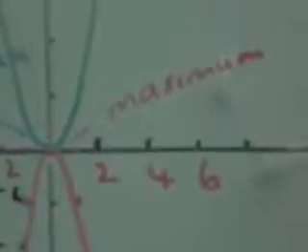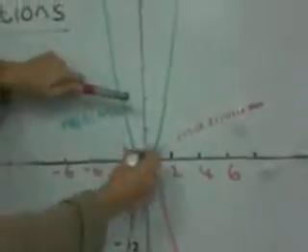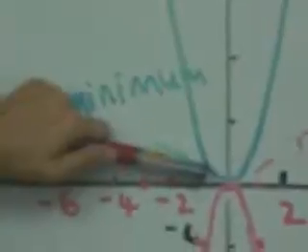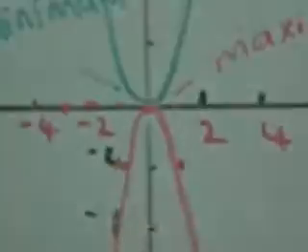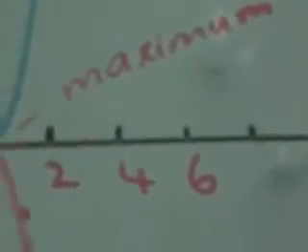So for a parabola that faces up, a positive parabola, where it turns, we call it a minimum value. Okay, and if it's a negative parabola like this one that faces down, this is called a maximum. Okay, thank you.